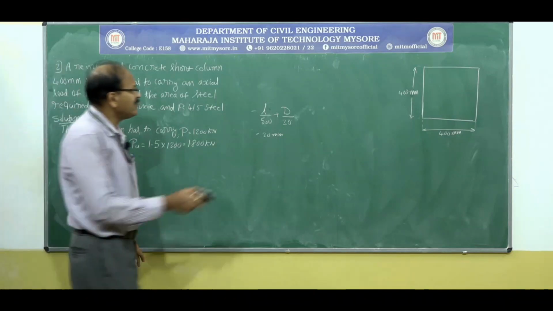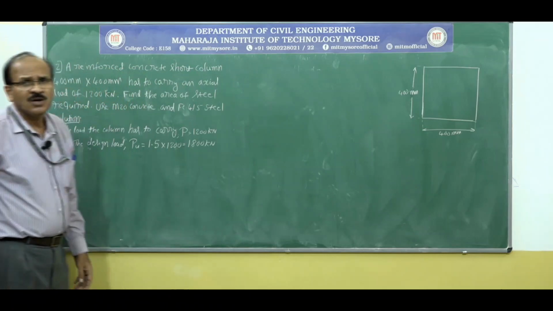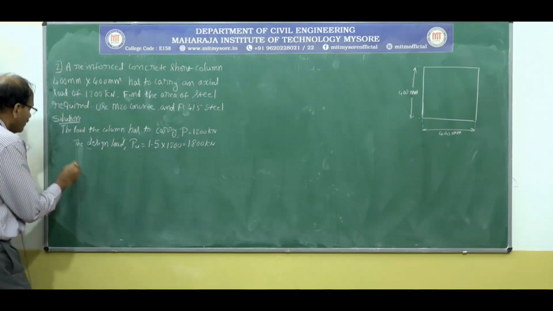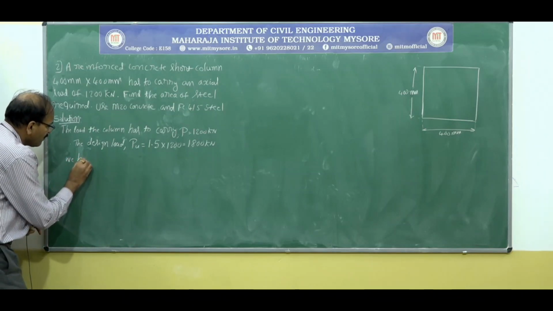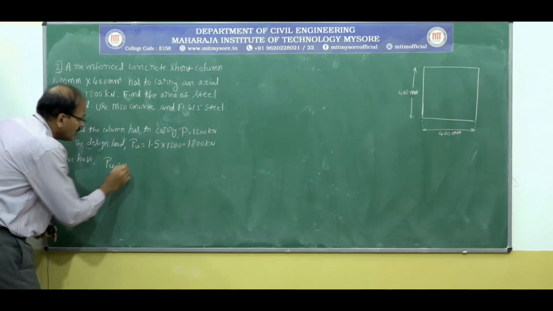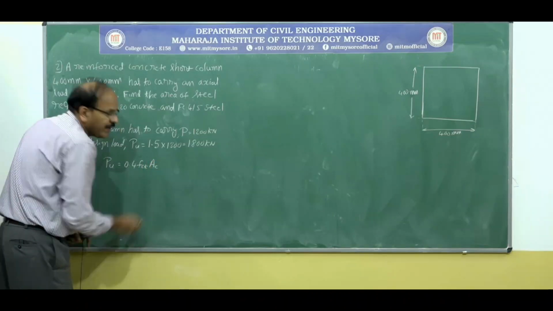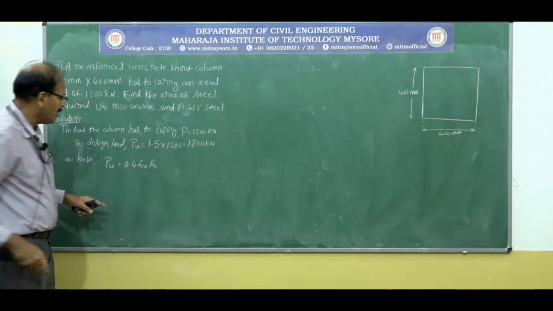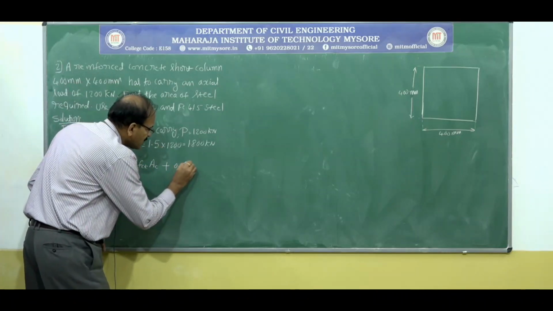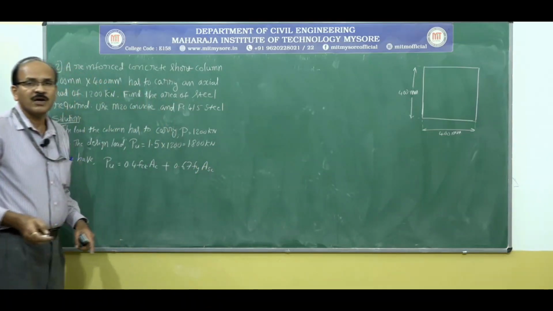So we directly jump to the formula and we are going to find out the area of steel required. So we have Pu equal to 0.4 fck multiplied by the area of concrete plus 0.67 fy multiplied by the area of compression steel.